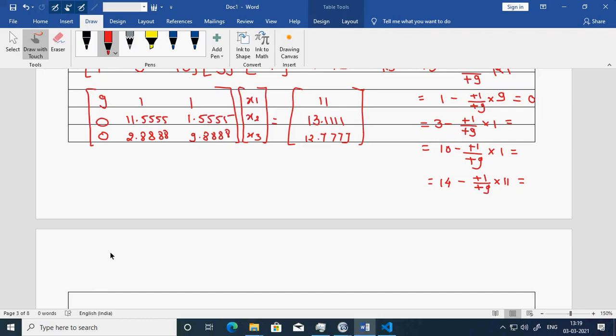Okay, it will be in one screen, no issue. Okay, now next step will be I want to make this 0. Okay, using second row. So remember, always using second row, make all the elements in the second column below the second row to 0.